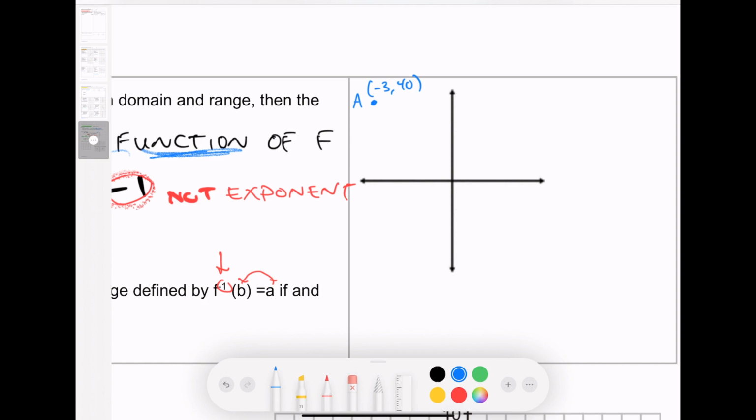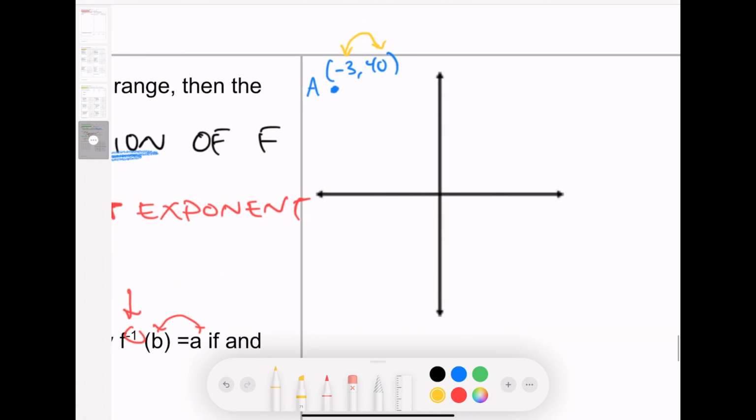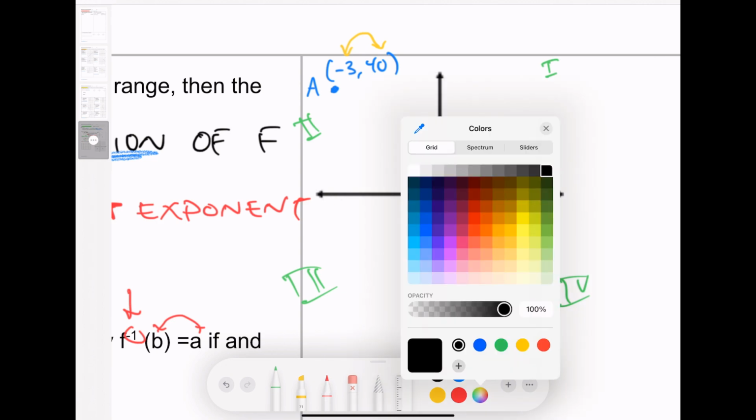So I have the ordered pair (-3, 40), and let's say I tell you to switch these. Class, what's the new ordered pair? Which quadrant is that in? What number? Quadrant 4. (40, -3).